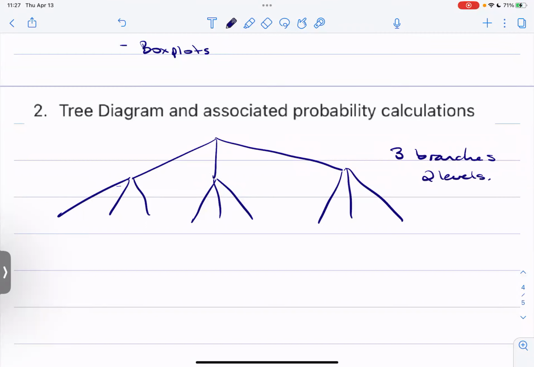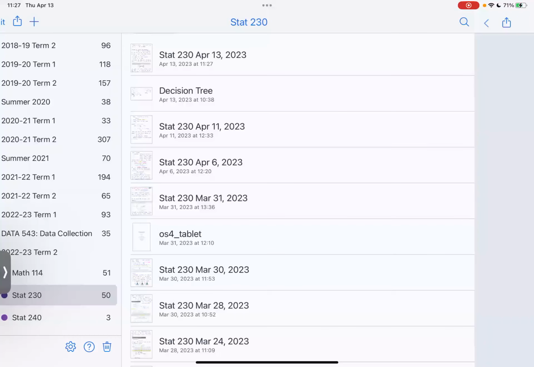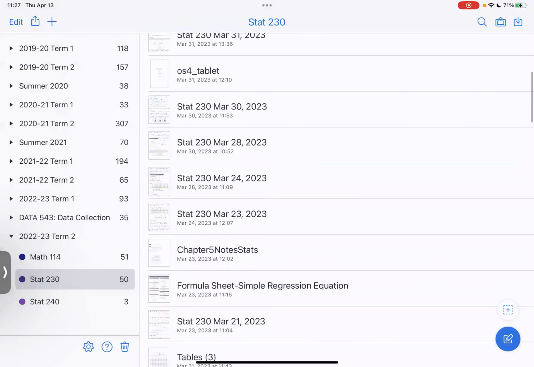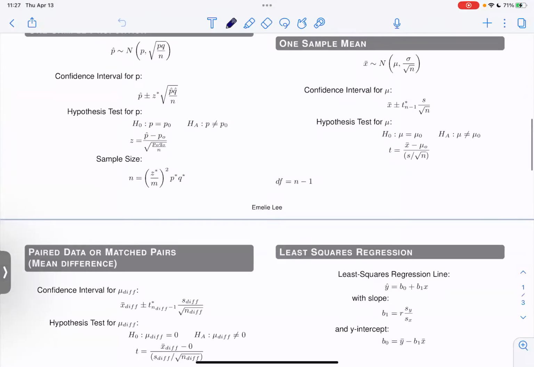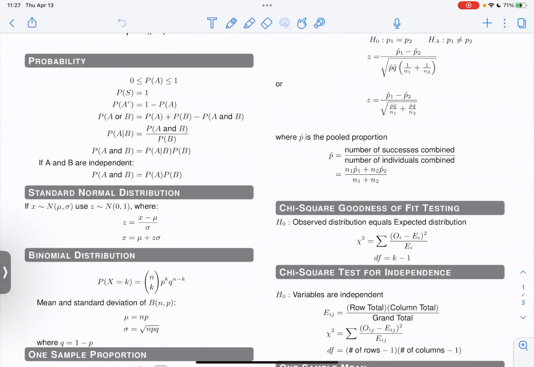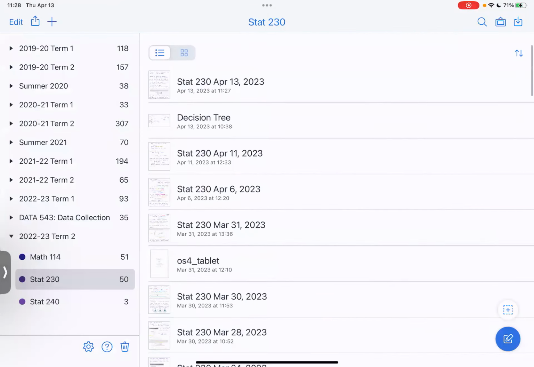And then use those to find probabilities, using those probability rules and the formula sheet.